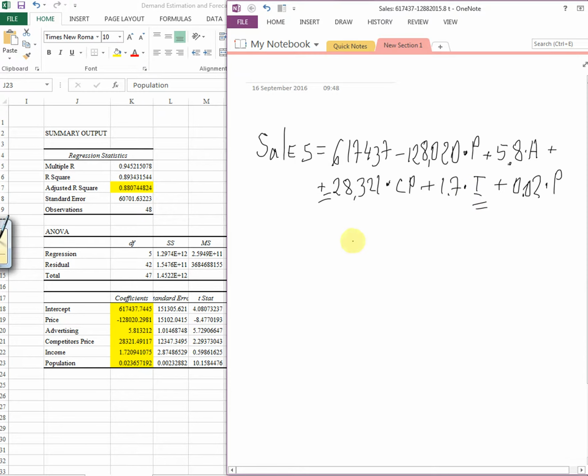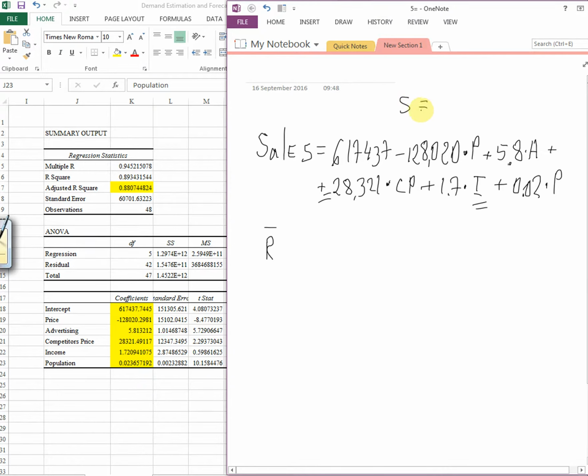And by the way, one thing, R squared. In this case, we'll take the adjusted R squared, not R squared, because R squared is used only when you have one independent variable, as it could be used in the previous video.